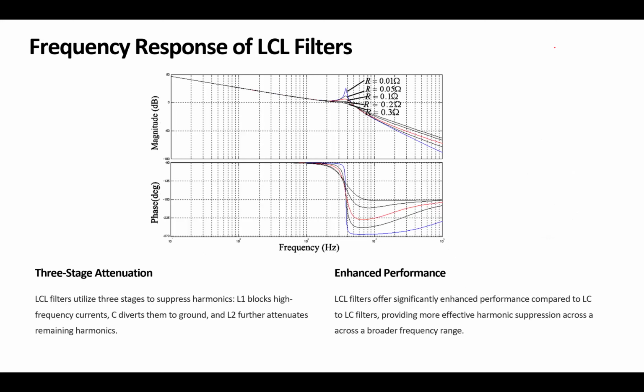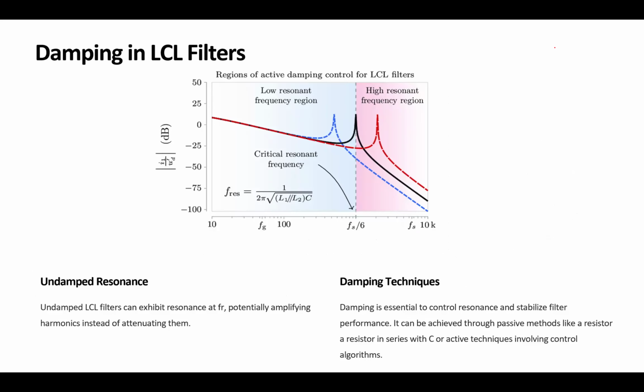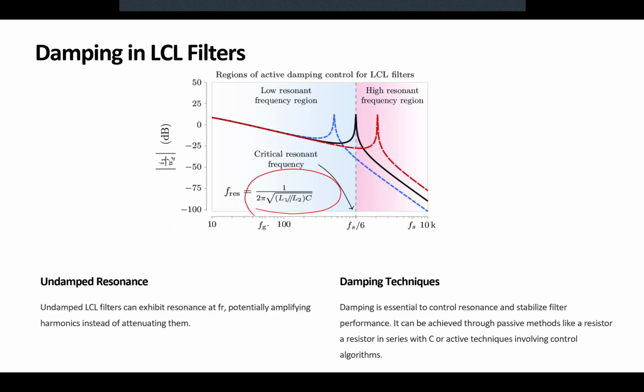Beside the cutoff frequency, you have a resonance frequency, which you could calculate with 1 over 2 pi times the square root of the equivalent parallel L's times C. In resonance, as you know, I assume you know the concept of resonance, instead of damping, it starts adding gain to those components.